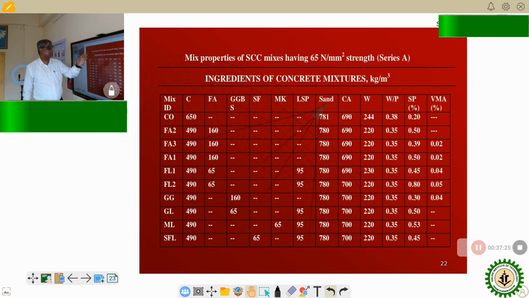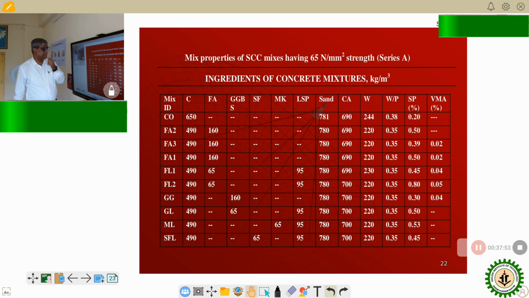Now this is a particular chart table where different types of mix are taken. Cement content, fly ash content, GGBS content, then metakaolin, so many things, sand, coarse aggregate. All are in terms of kg per meter cube of concrete. For 1 meter cube concrete, these are the quantities fixed.